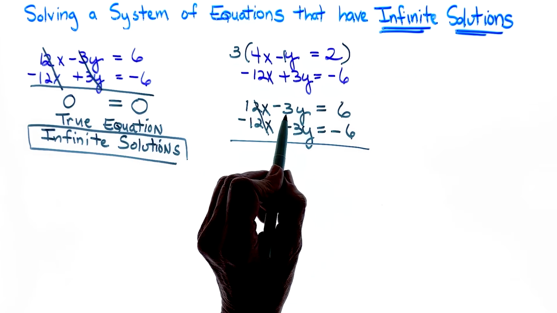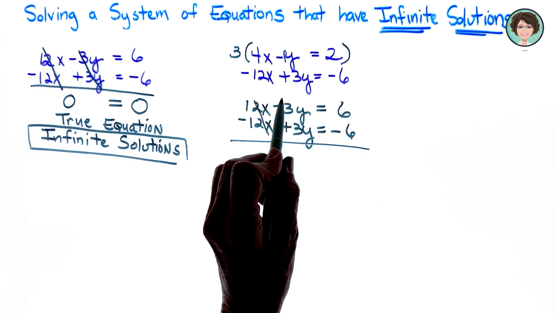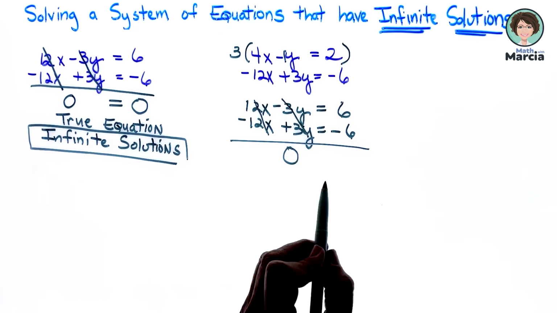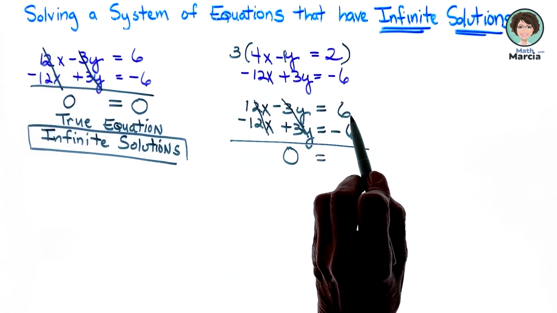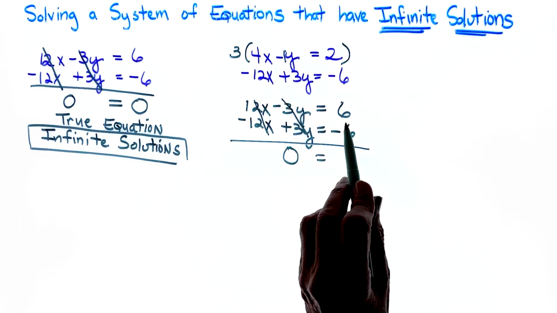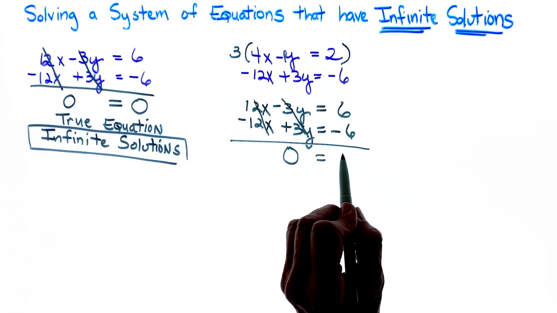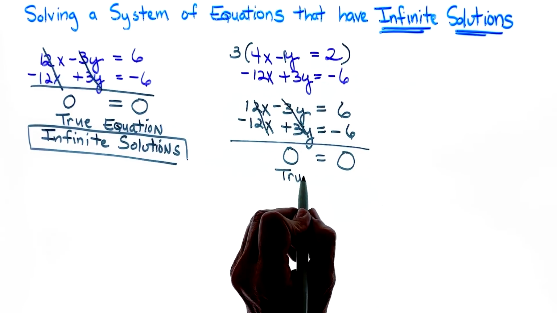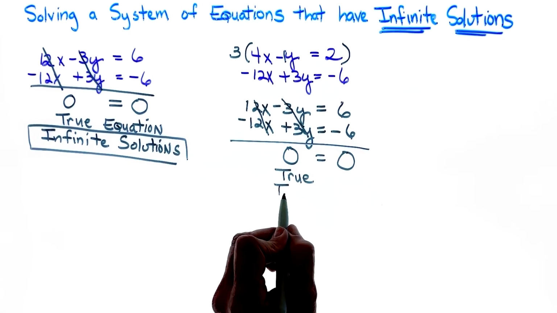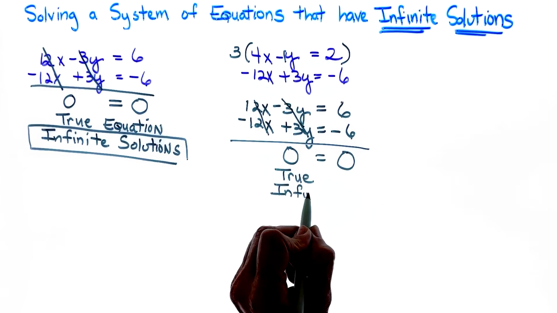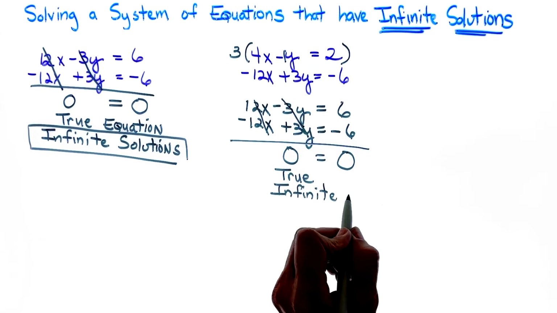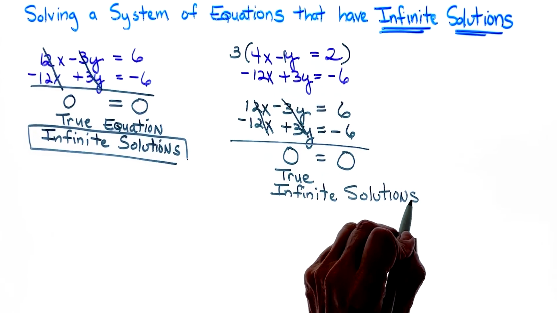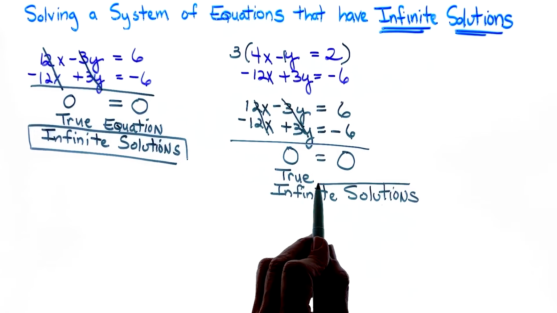A negative 3y plus 3y, my y is gone. They both have a 0 there. And when I subtract my numbers, 6 minus 6, again, I get a 0. So this equation is also true. So our solution, our infinite solutions, there's not just one ordered pair, there's many, many ordered pairs.